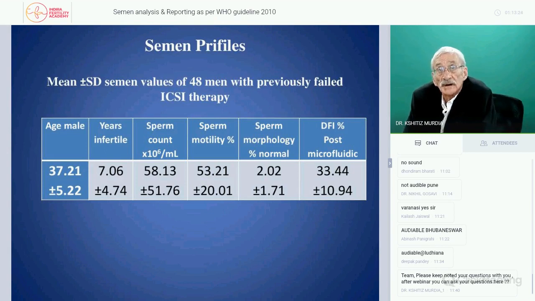You can see they had quite lengthy infertility histories. Sperm count was good, motility was okay, morphology was very bad, 2% on average. And the post-microfluidic separation DFI value was 33, which was more or less borderline, but still acceptable.